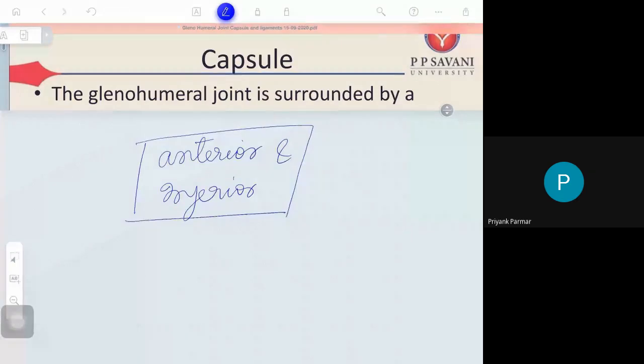So what does it mean? What is the reason? Why is anterior common? Because the capsule is slack. In the anterior direction the capsule is slack, and in the inferior direction the capsule is slack. You know the capsule is surrounded in all the direction: anterior, posterior, inferior, and superior.